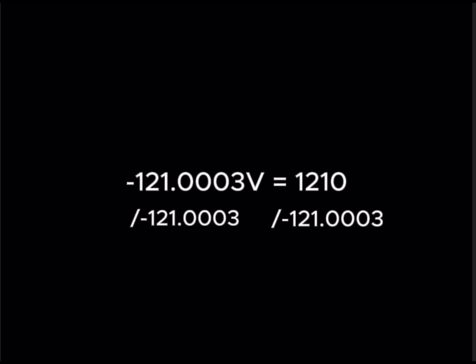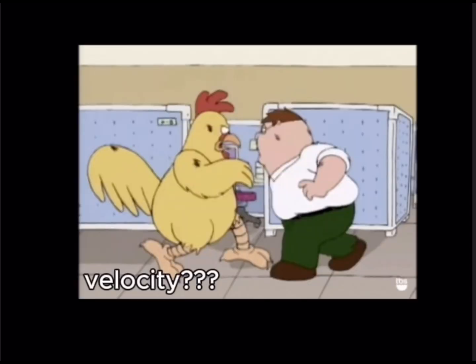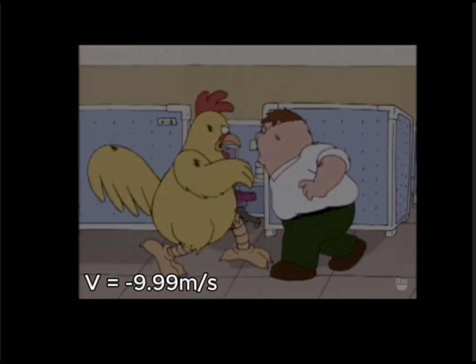Divide both sides by negative 121.0003. Finally, you're left with v equals negative 9.999 continued meters per second. So the pre-collision velocity of Ernie the Giant Chicken was 9.99 meters per second.